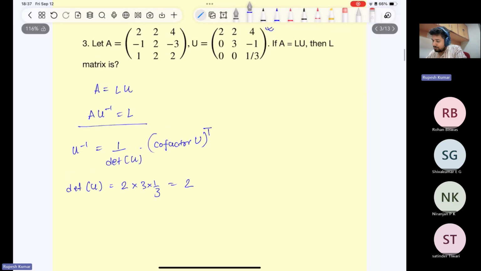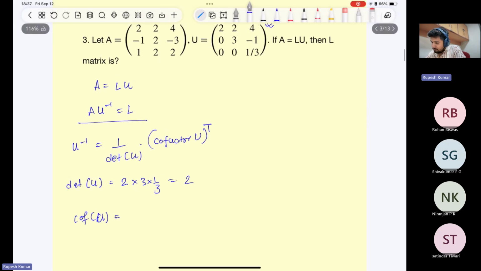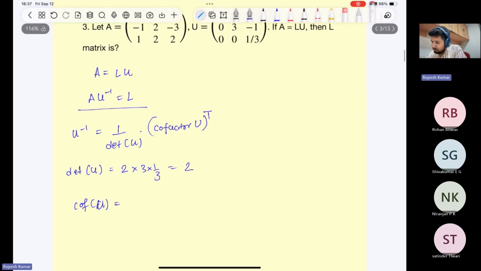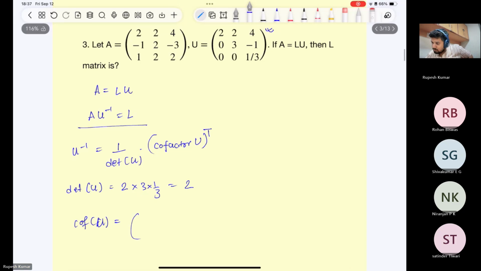Now let's figure out the cofactor matrix. The cofactor of U is essentially taking the determinant of the minors, right? So the minor of 2 is 3 into 1 by 3, which is 1, right? It's a diagonal matrix, so you don't need to worry about this. Then again, for 2, it will be 0.